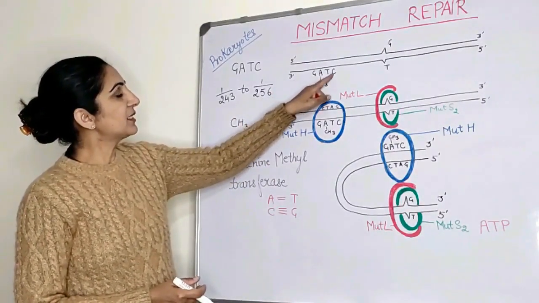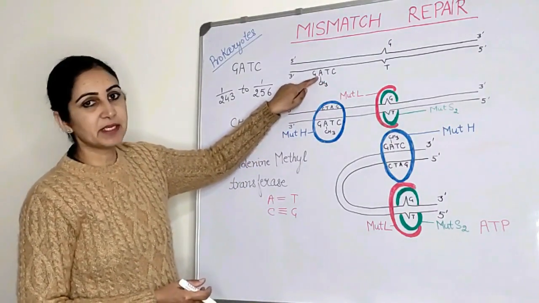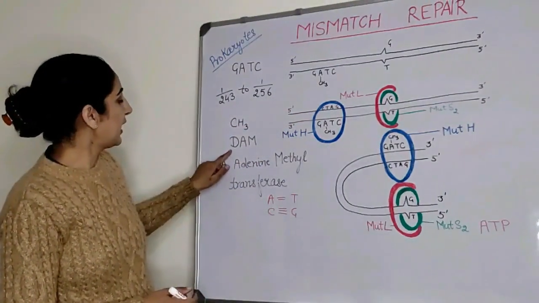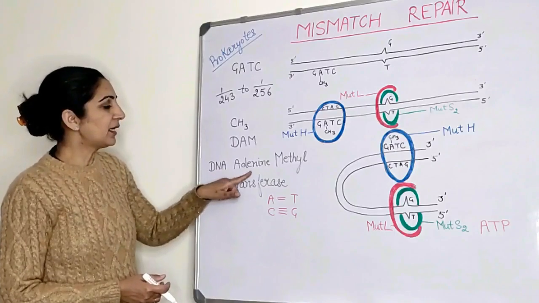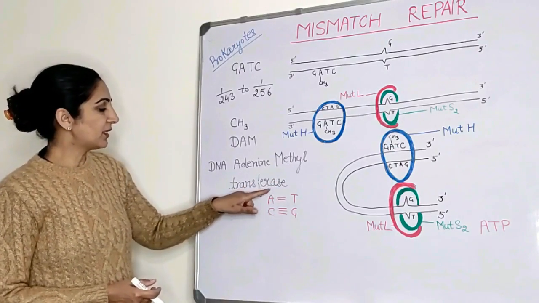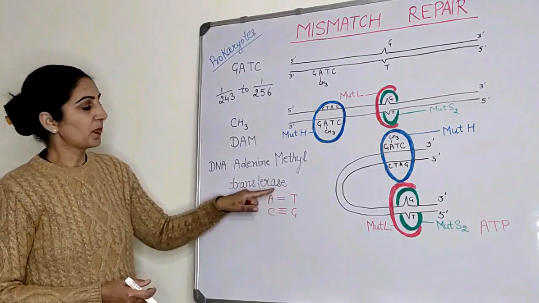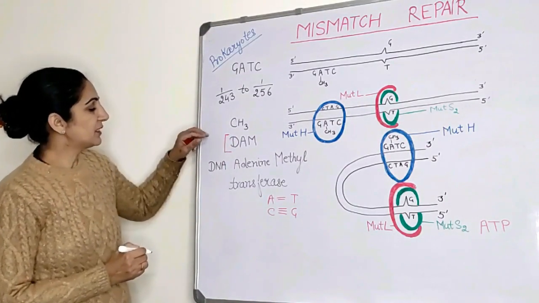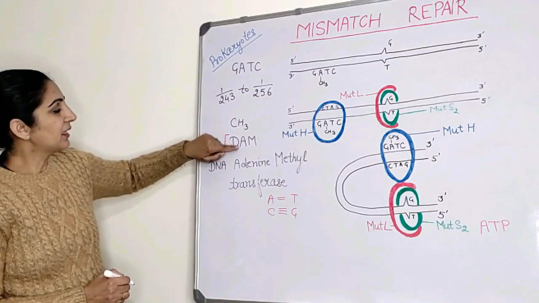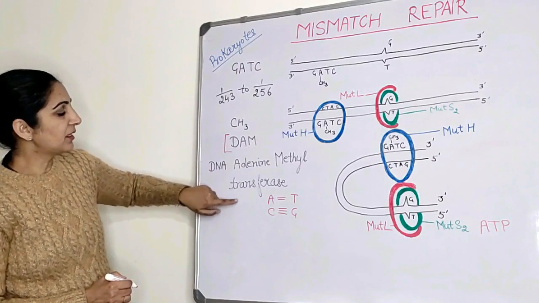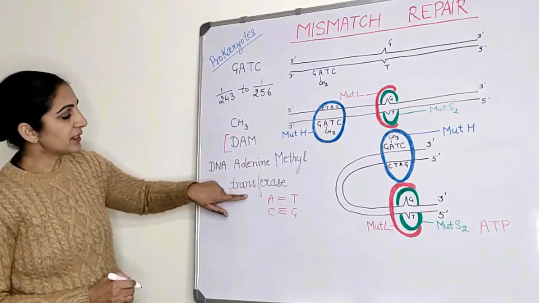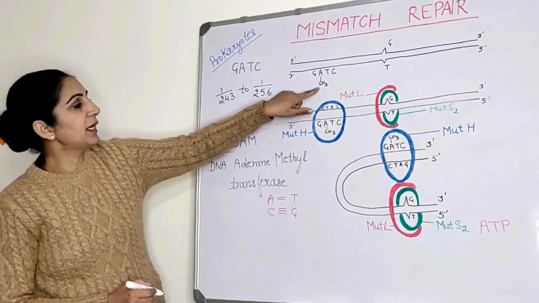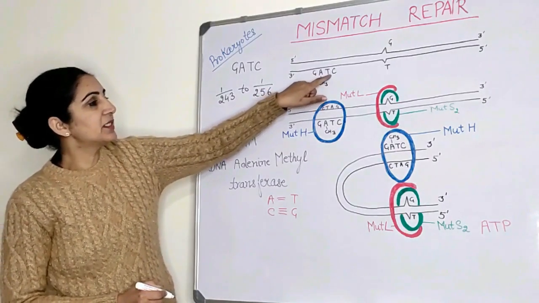These GATC segments have one adenine base, and this adenine gets methylated with the help of the enzyme DNA adenine methyltransferase in the case of prokaryotes. In short, we can write it as DAM. What is DAM? DAM is DNA adenine methyltransferase. This enzyme transfers the methyl group to the adenine in GATC segments.